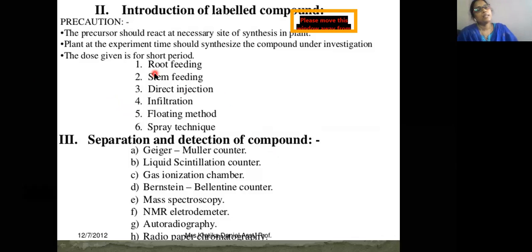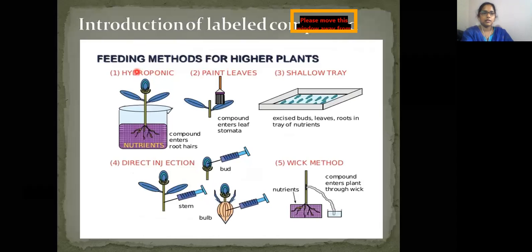Root feeding method means we select the plants in which that particular reaction or pathway takes place in the roots of the plants. In such plants, this hydroponic method is nothing but the root feeding method.